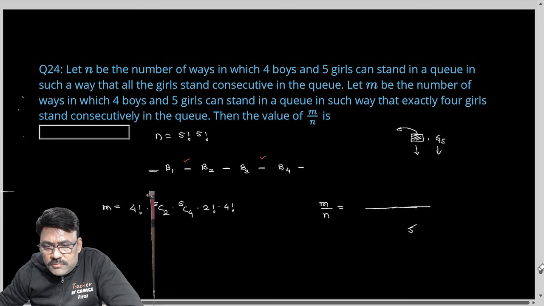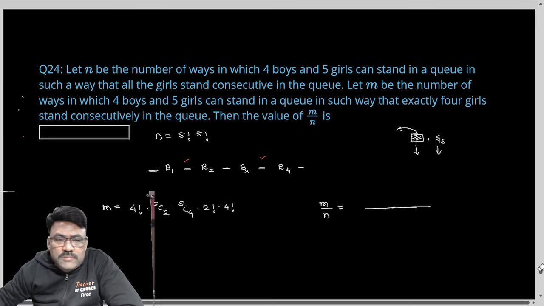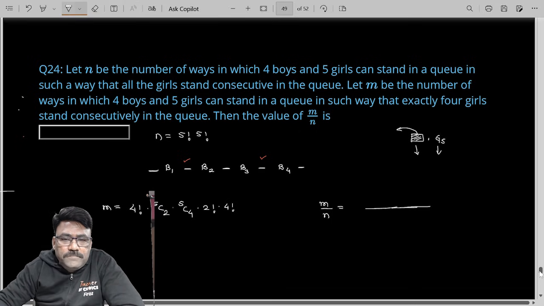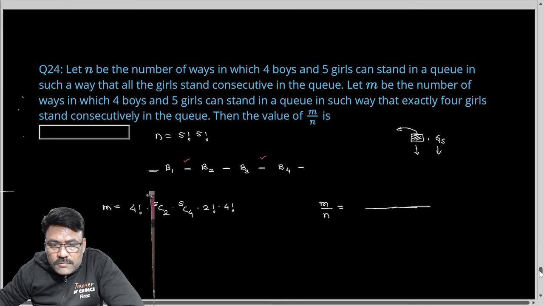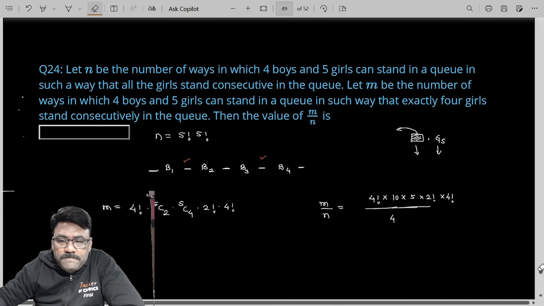The numerator is actually 4 factorial, then 5C2, which is 10, then 5C4, which will be 5, then 2 factorial, then 4 factorial, and denominator is 5 factorial, 5 factorial.